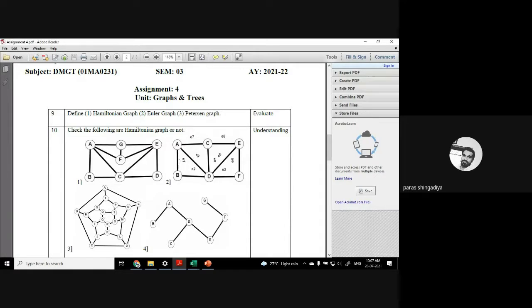Same for the second graph: just move on the boundary only, and your Hamiltonian cycle will be A E1 B, B E2 C, B E2 D, D E3 F, F E4 E, E E6 C, and C E7 A. That is also a Hamiltonian graph. So first complete both. First draw it in your book, and then if notation is required, you can mention it. Then write your Hamiltonian cycle, and then check it for graphs 3 and 4.